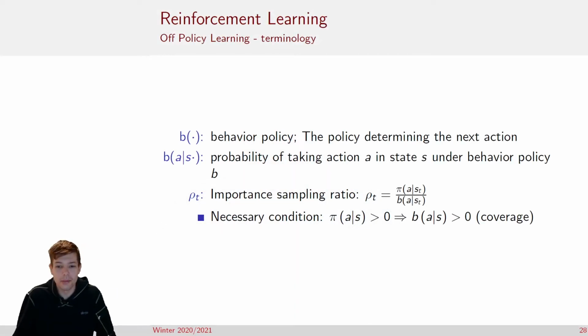We denoted the policy we want to learn by pi, and the policy we use to actually learn the optimal policy, we denote with B. B is our behavior policy, and this is the policy that determines what our next action is actually going to be.